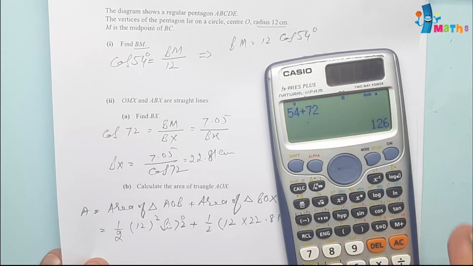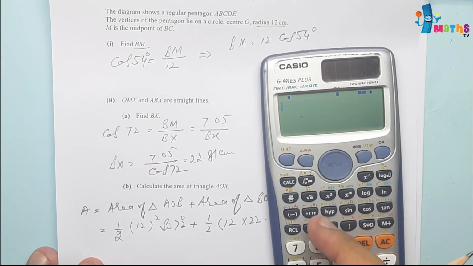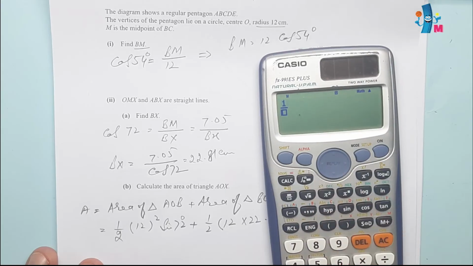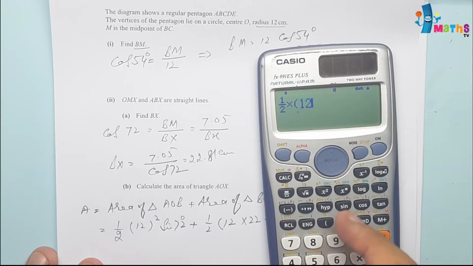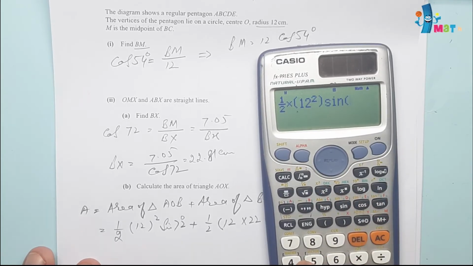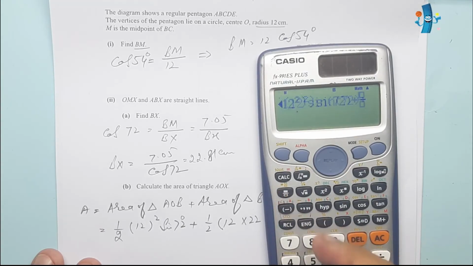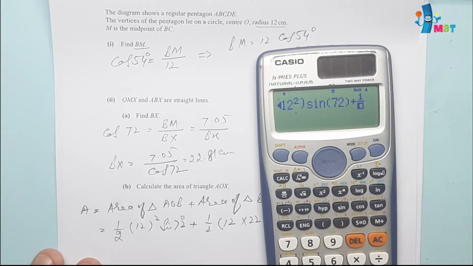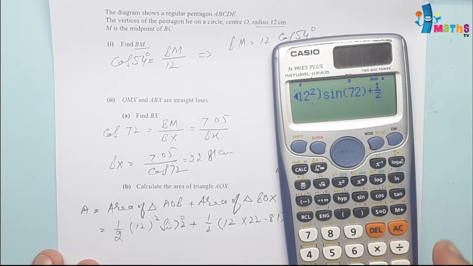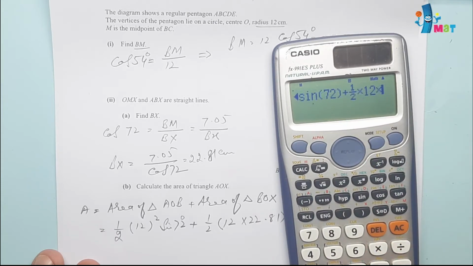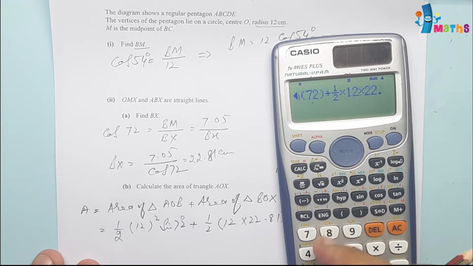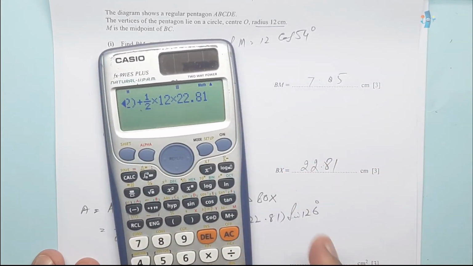So this calculation we will be doing, this will be 1 over 2 into 12 squared, and sine of 72, plus again 1 over 2, 12 multiplied by 12 into 22.81, and sine of 126.